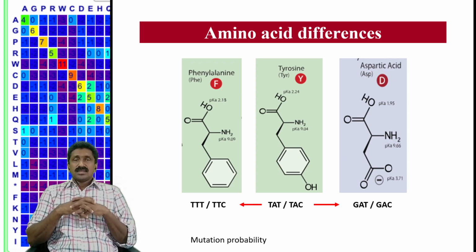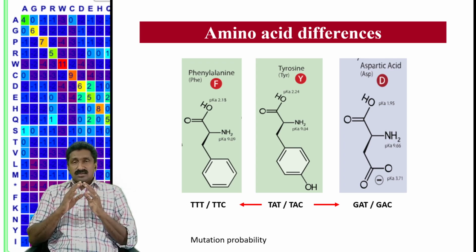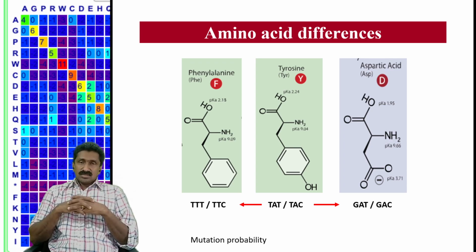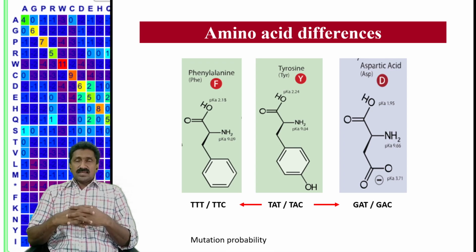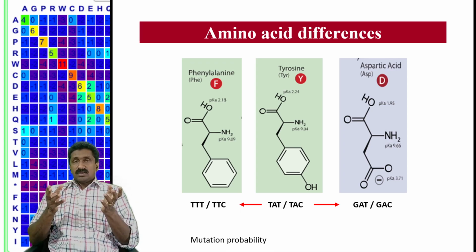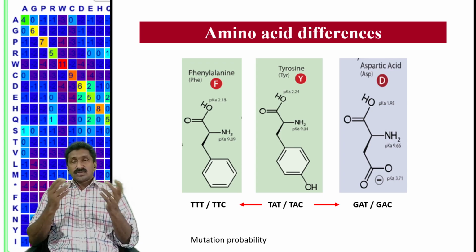So that means every mutation is not the same in a genetic code, and you have to treat every base change in a genetic code differently because of these evolutionary differences, or contribution to the evolution.